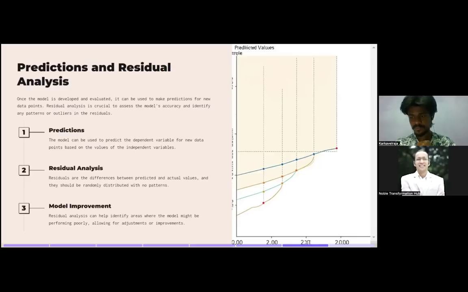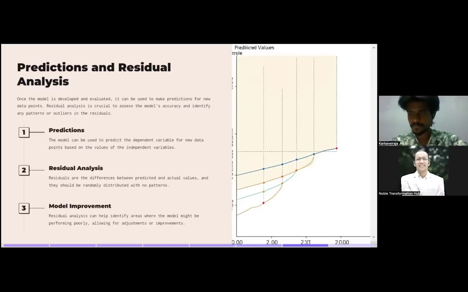So in prediction, this game will be played to predict the dependent variable for new data based on the value of the independent variable. This is how the prediction will happen. You will understand more when we go into the black box equation, the math of it, and then the application. But here you have to understand the concept objectively.